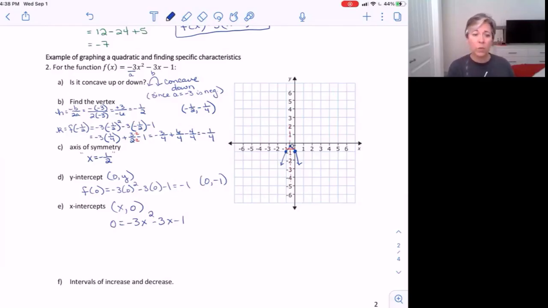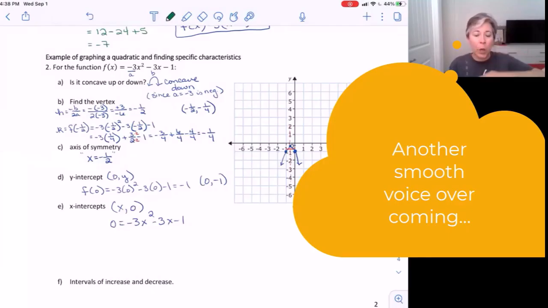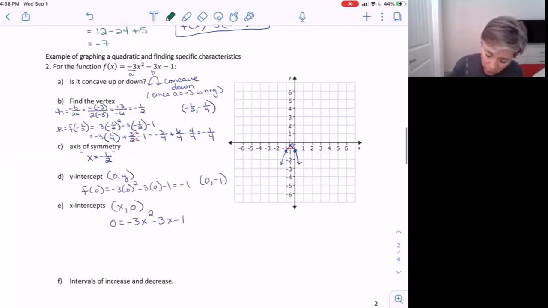Just put that in the y equals, graph it, and see where it hits the zeros. But in this example, there are no x-intercepts because our vertex landed below the axis and we knew it's opening down. So just by that graph alone, we know there are no x-intercepts, no zeros.